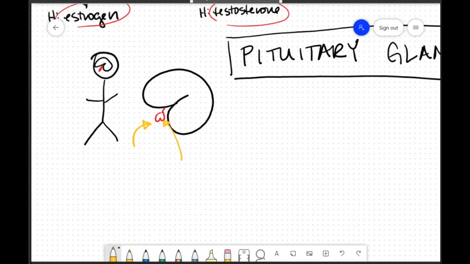So if this is your brain, right here is going to be the anterior and back here is the posterior. So that makes this guy right here your anterior pituitary gland. And this part back here will be the posterior pituitary gland. So we're actually going to talk about a front and a back of this actual structure.